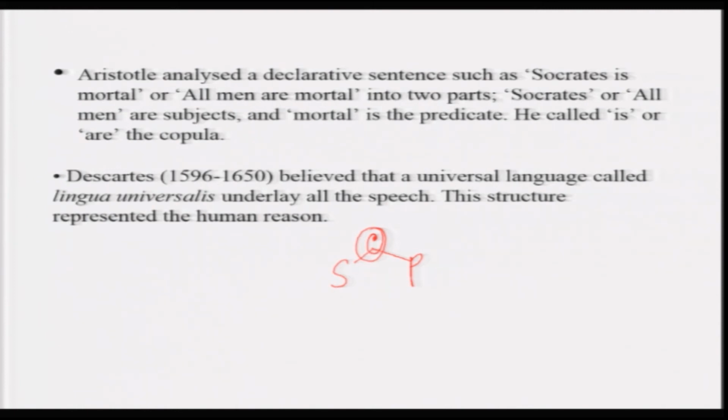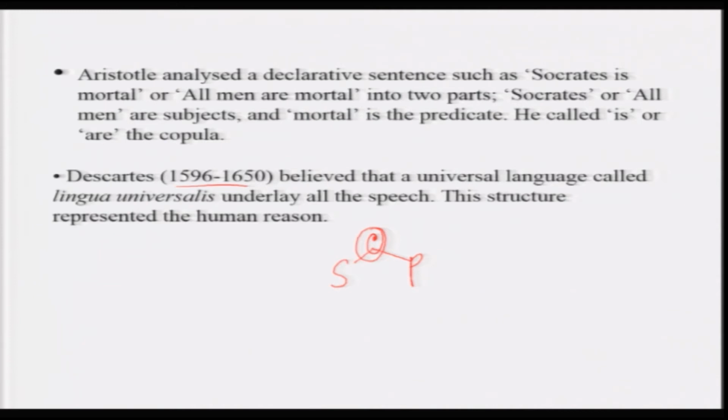And then we skip quite a few centuries, and we come to this time, 1596 to 1650. René Descartes, the French philosopher, scientist, mathematician, believed that a universal language called lingua universalis underlies all speech.